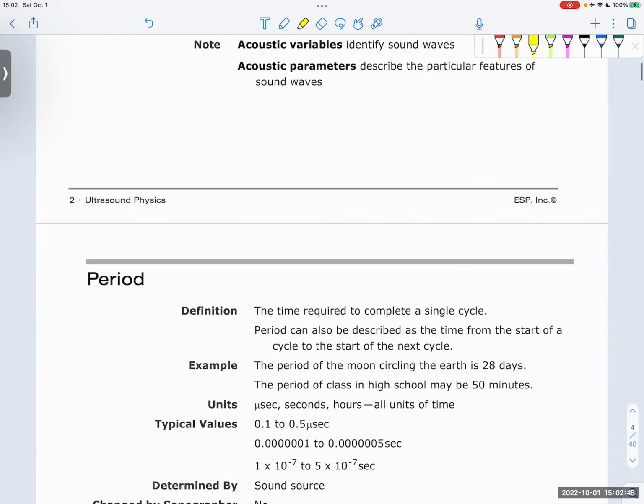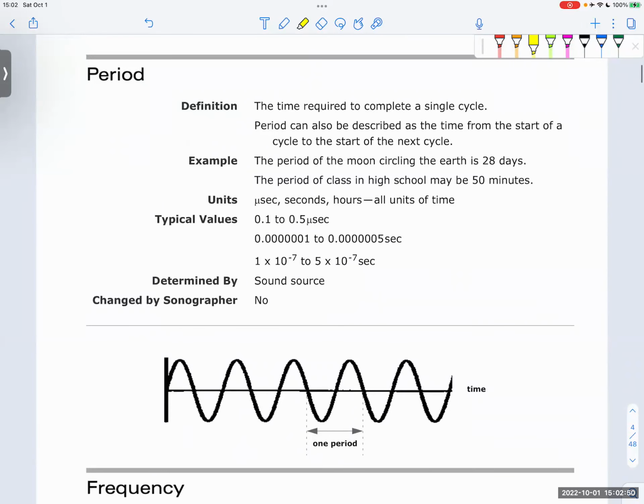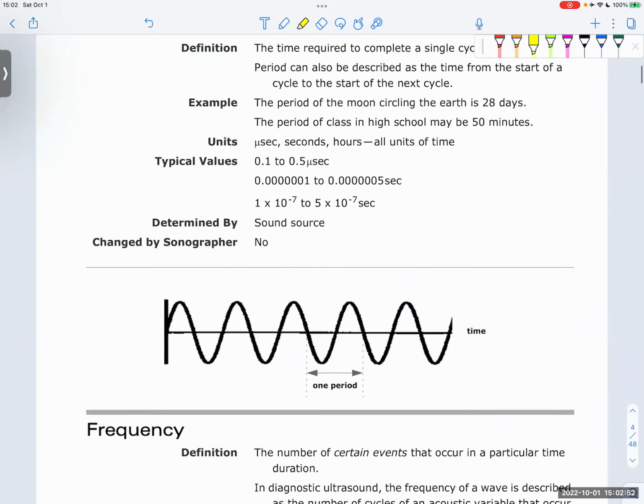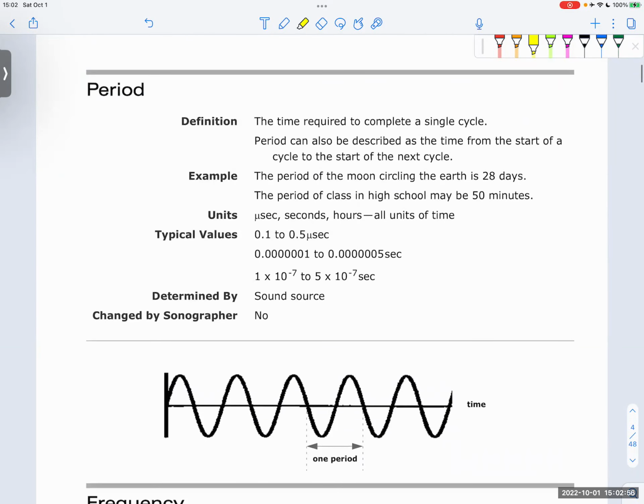To start with the period and frequency, first, let's imagine what the ultrasound wave looks like. So some basic concepts. Okay, so let's imagine this is the y-axis, and this is the time.